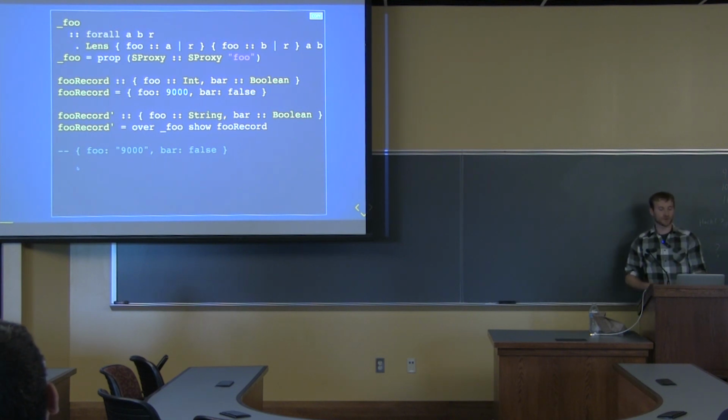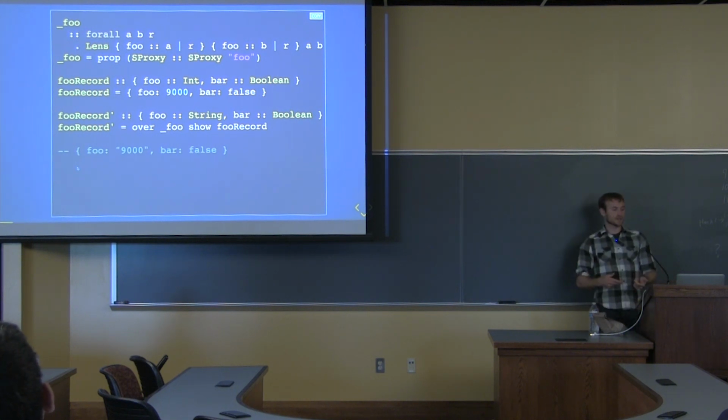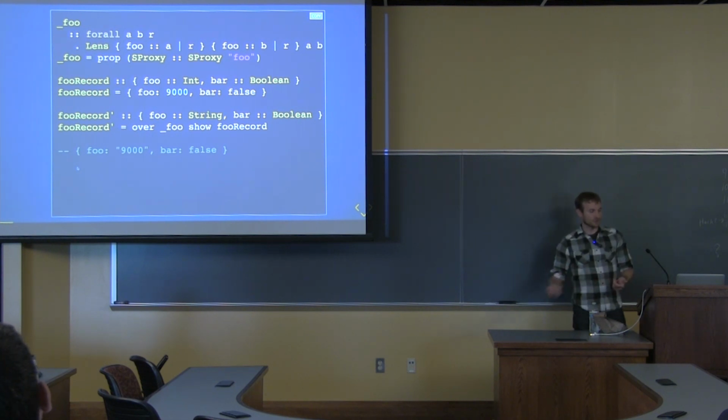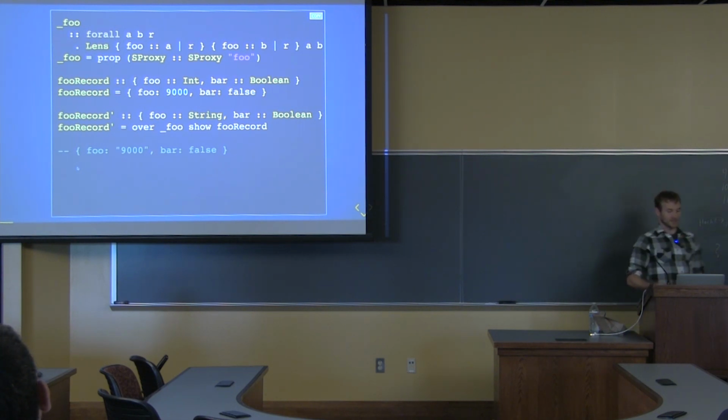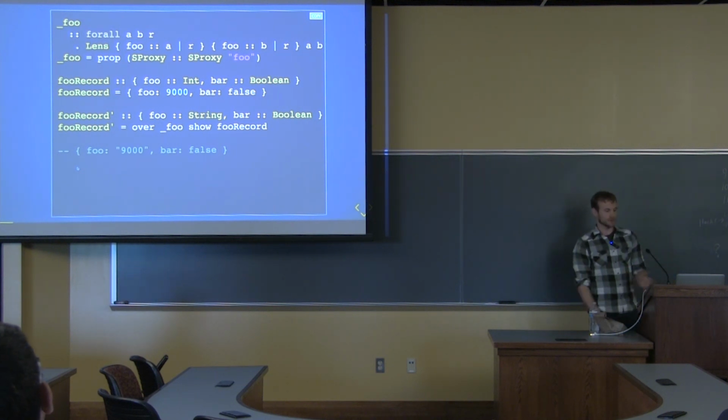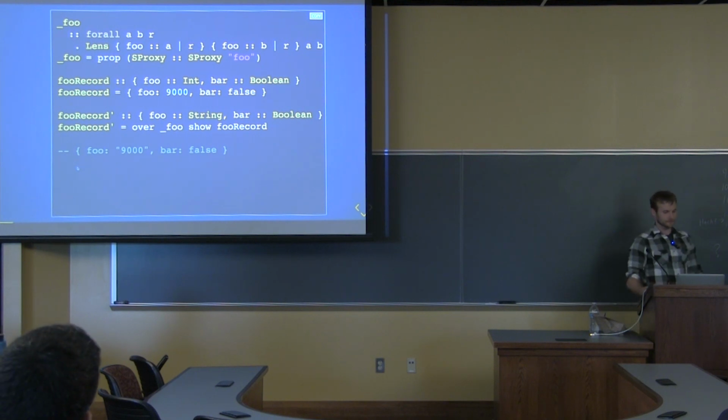So I make my foo record prime by calling this over function, and over is going to take our foo lens and the show function and my original foo record, and the output of that is going to be a new record where foo is now string 9000. And all the other labels are just going to be left alone. So bar is still false. So let's take a look at what this over function is doing.